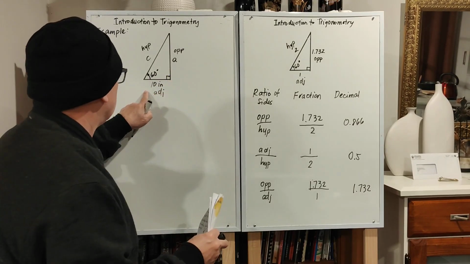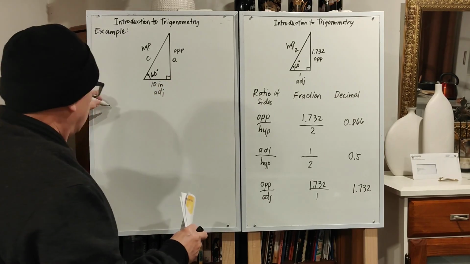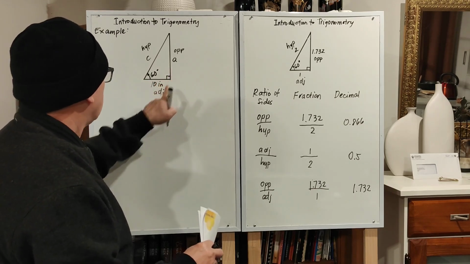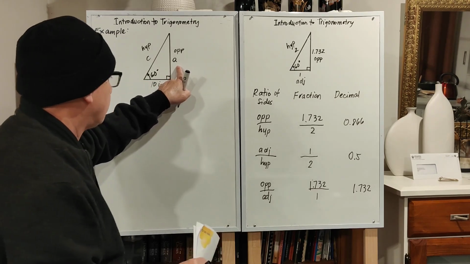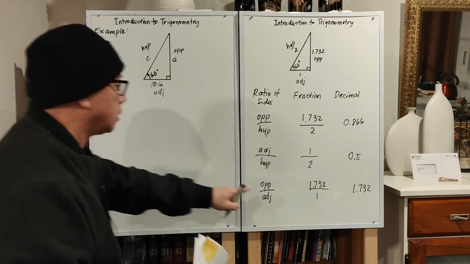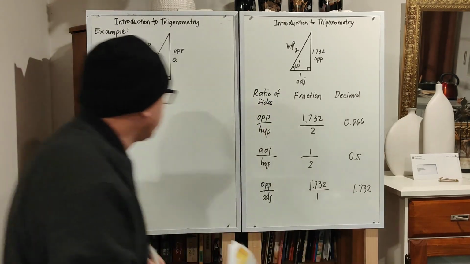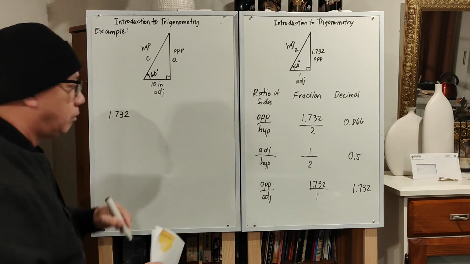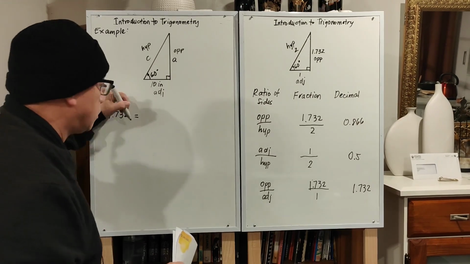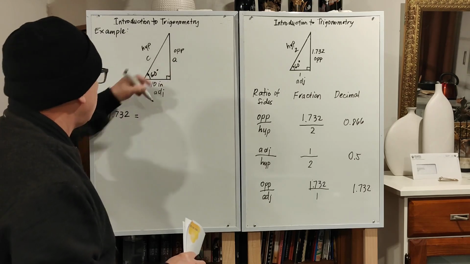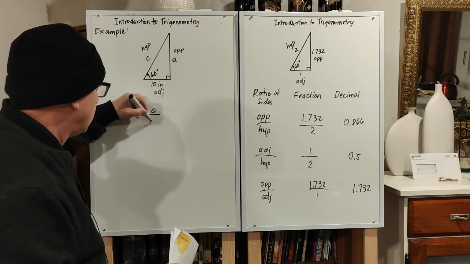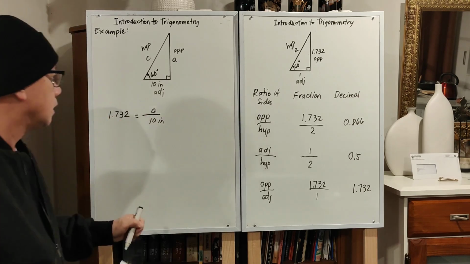Opposite over adjacent. So this is 1.732. This is opposite over adjacent. 1.732 is equal to A, we don't know yet what A is, over 10 inches.